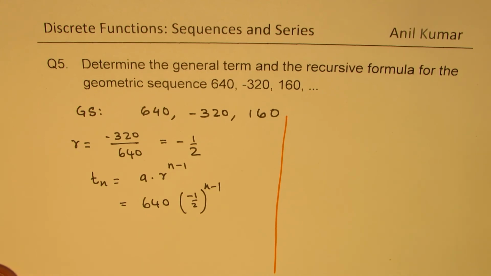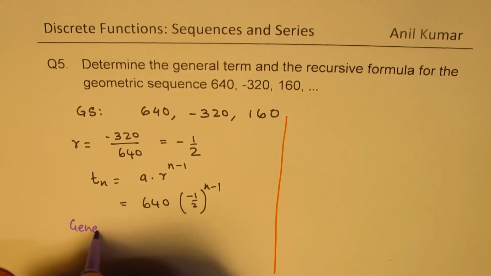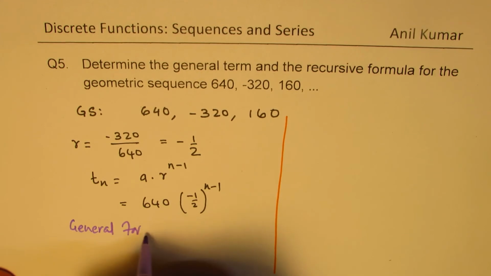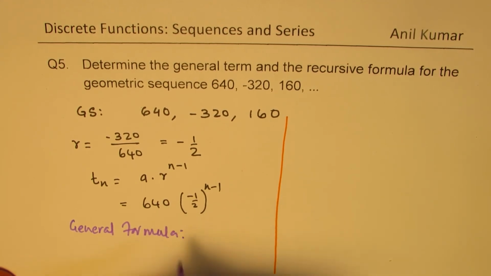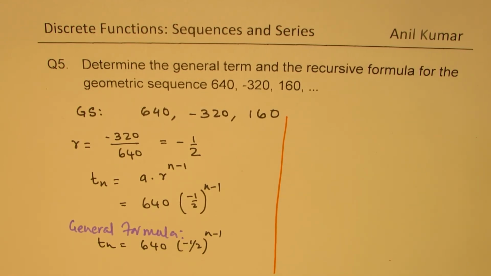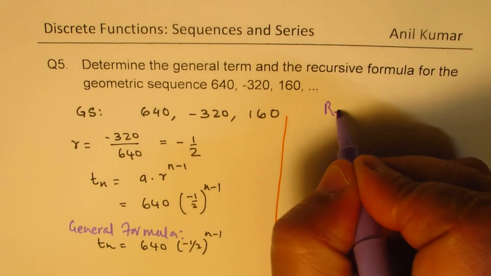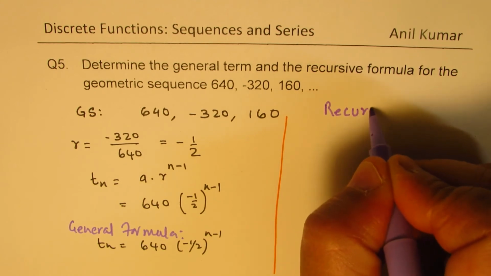So we have the general formula as shown here, which is Tn equals a times r, which is minus half, to the power of n minus 1. And the recursive formula is in terms of previous terms, right?